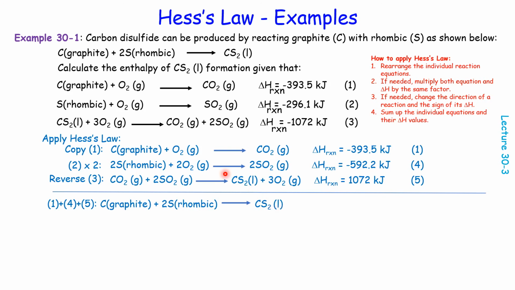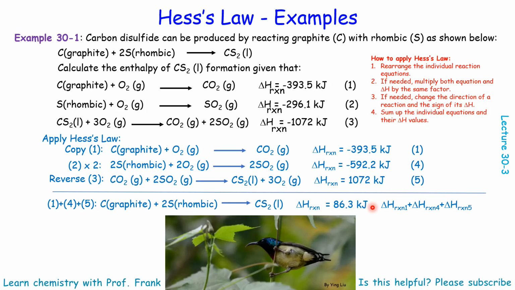So you can practice this by yourself, just simple chemistry math. Don't forget, you need to add up all of those delta H values. We need to add delta H1, delta H4, delta H5 together, and then the delta H for this overall reaction is 86.3 kilojoules. Now the problem is solved.